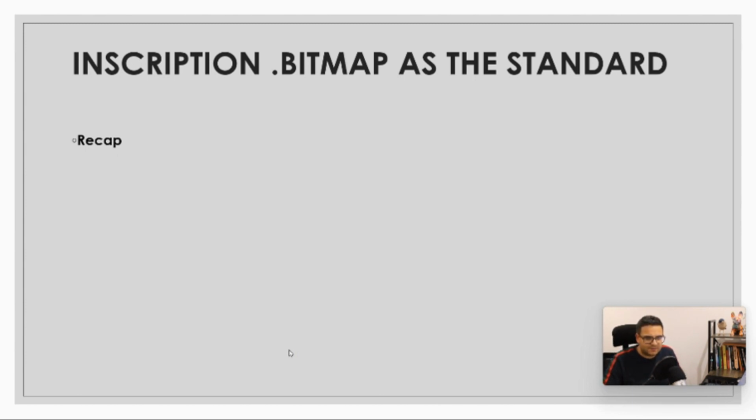What could flaw it from the perspective of how valid is this inscription? How robust is this inscription as an idea? And ultimately, I don't see why there should be any issue with it.